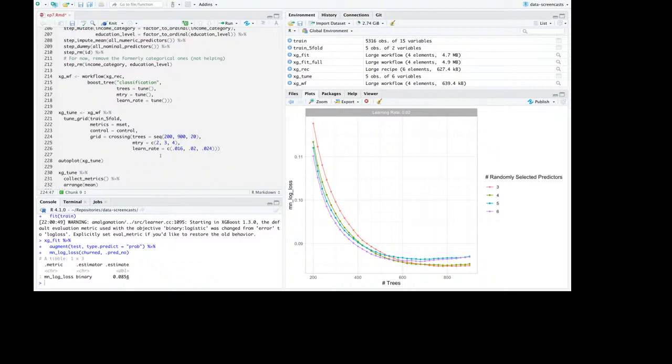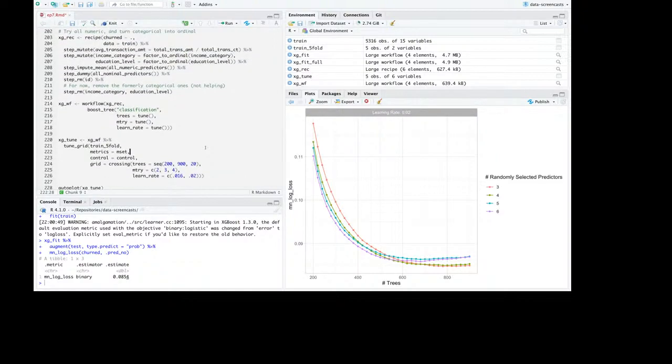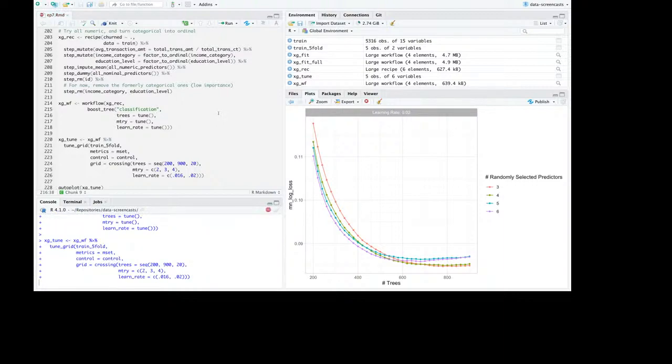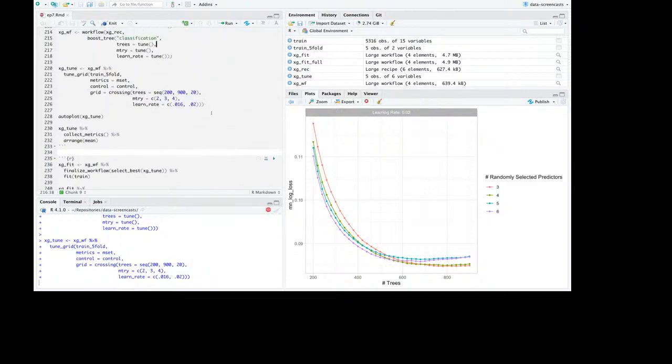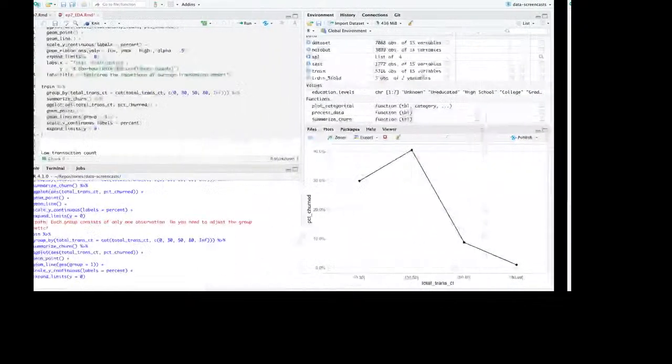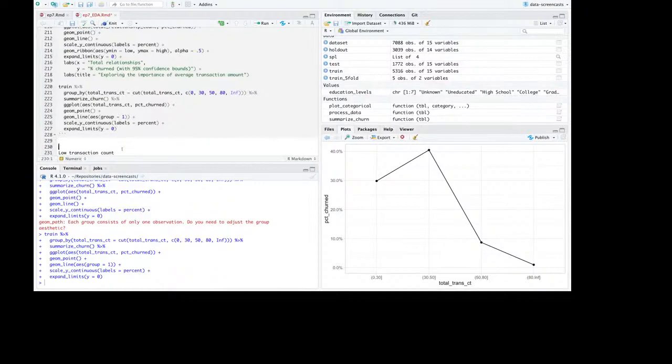I'm going to start just here and mess around with the learn rate a little. We really do feel like the key is 2, 3, maybe 4.